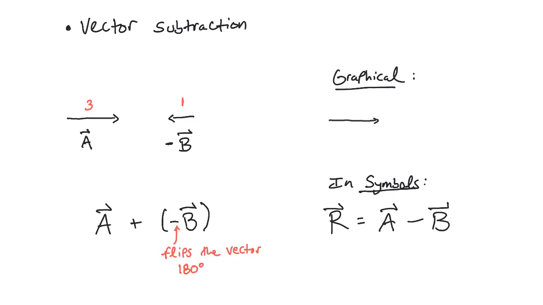So we take the tail of B and superimpose that onto the tip of A, right there. We have to draw this a little bit above, or else the lines are just going to go one on top of the other. Okay, like that. And there's minus B, and let me change this length just a little bit longer to make it consistent. All right, now it looks like it'll work.